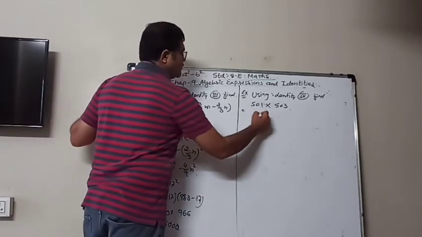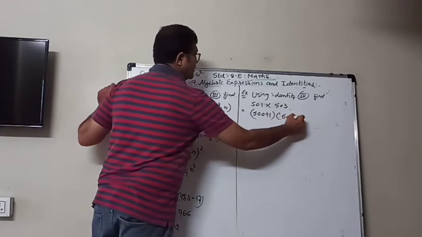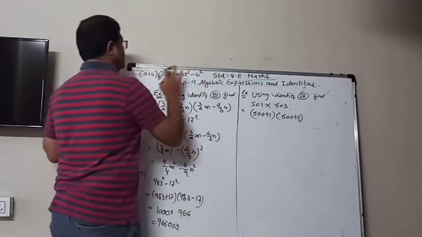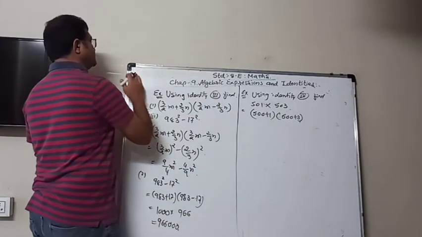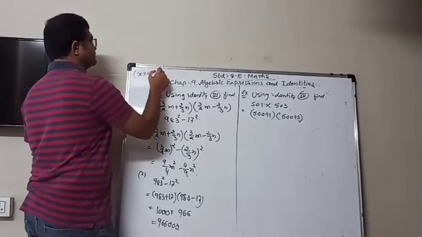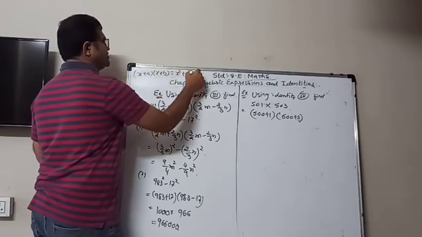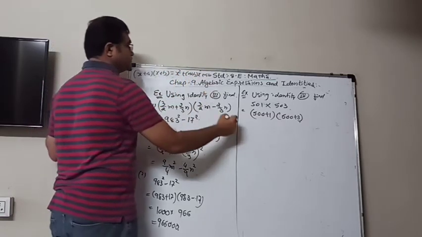So we will do 500 plus 1, 500 plus 3. We know the identity (x plus a)(x plus b) is equal to x square plus (a plus b)x plus ab.